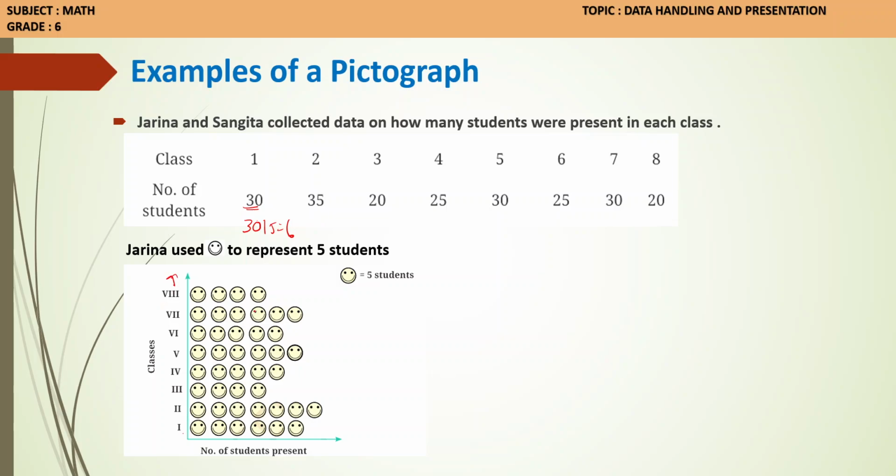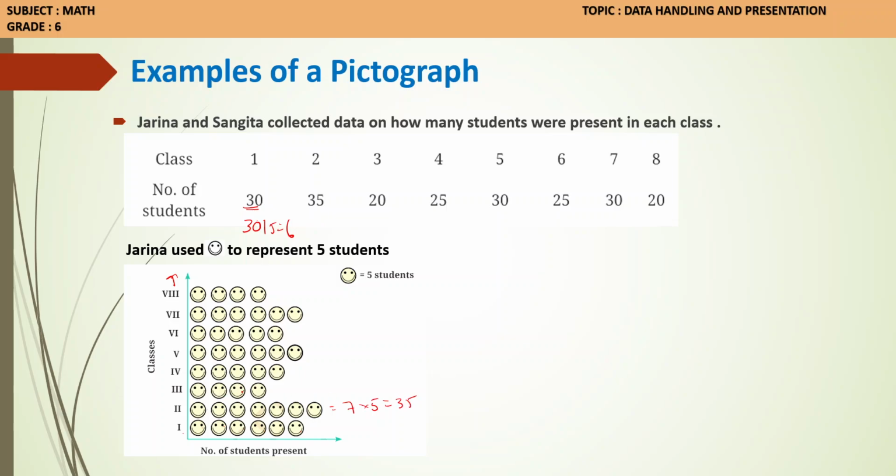So for class 1 there should be 30 by 5, 6 icons. 1, 2, 3, 4, 5, 6. So it is 6 into 5, 30 students present. Similarly, class 2. Now we know each is 5 students. So how many icons are here? 7. So 7 fives are 35.